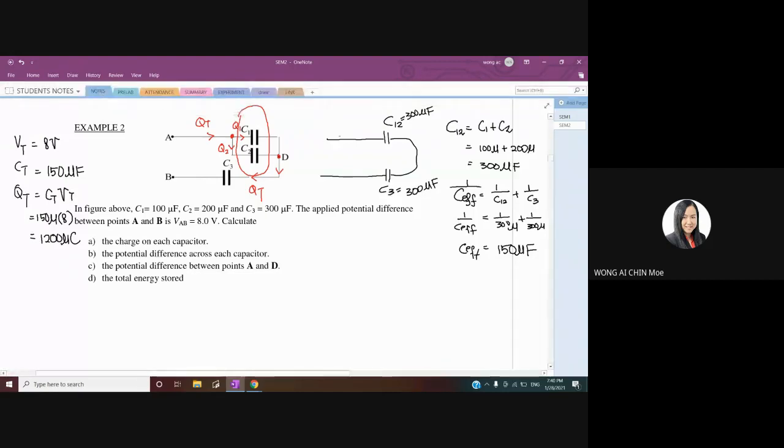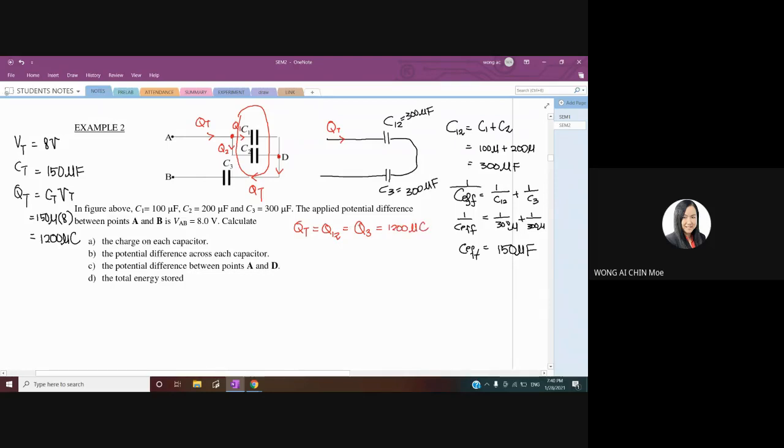If this is the Q total, Q total will flow through C12 and also through C3. So we know that Q total equals Q12 if you combine, and it also equals Q3, which is 1200 microcoulomb.